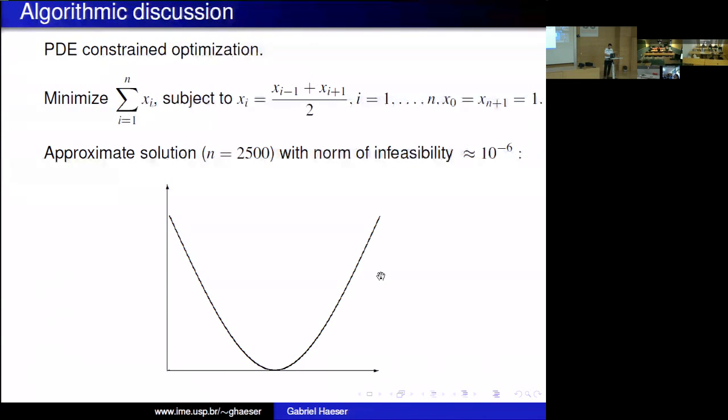The difficulty here is that the norm of the infeasibility is small, 10 to the minus 6, but for this application, this is not small enough. If we look at three neighboring points here, this condition will be very well fulfilled with a small tolerance, and even when you add it up, you still have a small tolerance, but in practice, this is not good enough.